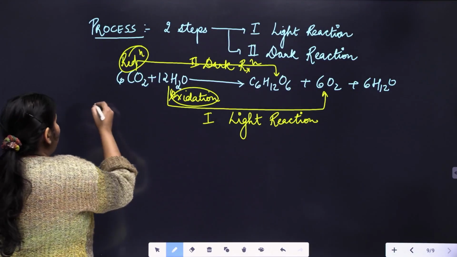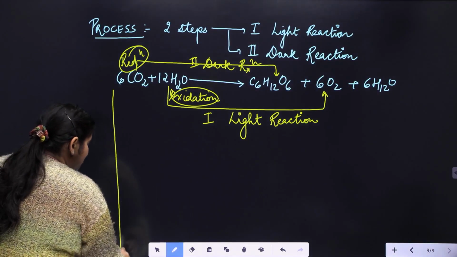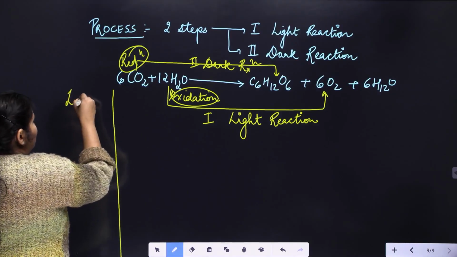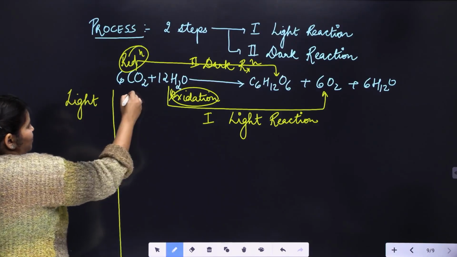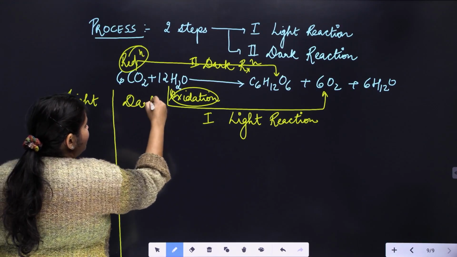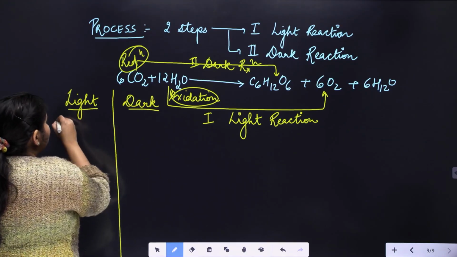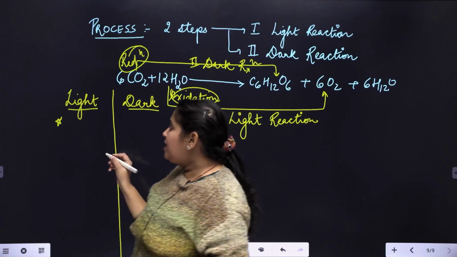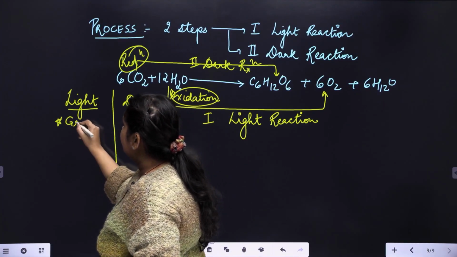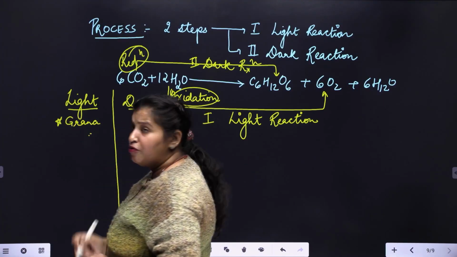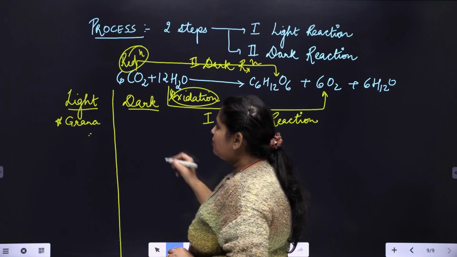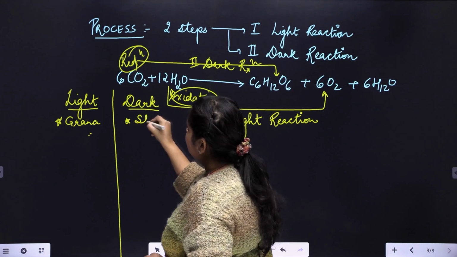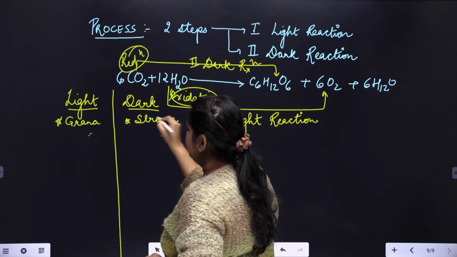Now, what are the main differences, or why are we using the words light reaction and dark reaction? So first thing that I want you to recall is the location. Where is light reaction happening? The light reaction happens in the grana of the chloroplast. The dark reaction happens in the stroma of the chloroplast.